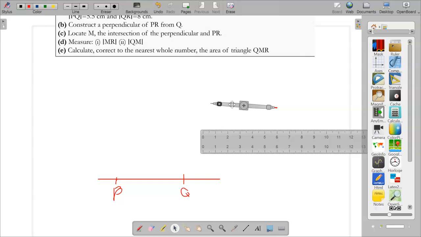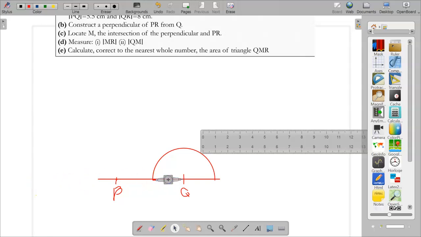So what it means is that I'm going to have my compass positioned at point Q, and then open to a convenient radius and draw a semicircle, which will help me to get my 90 degrees. So I can draw my semicircle here.